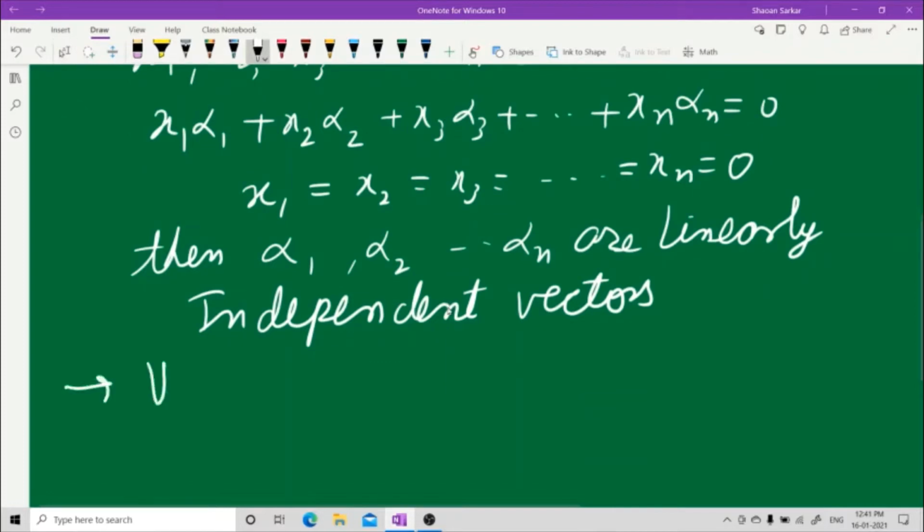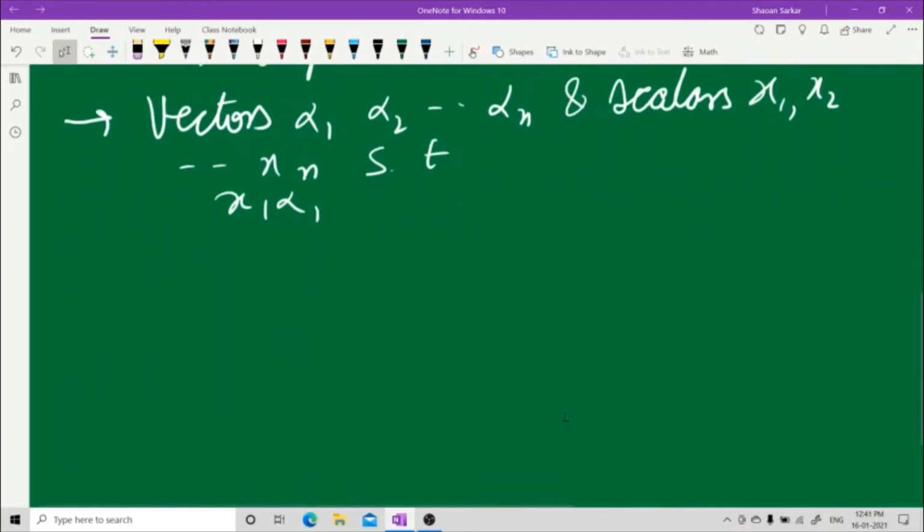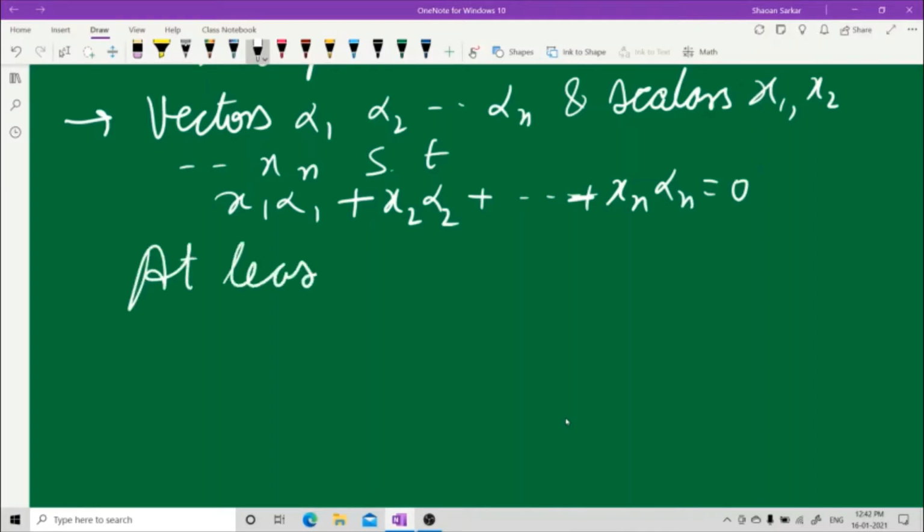We have vectors alpha 1, alpha 2 up to alpha n, and scalars, which are basically numbers, x1, x2 and so on up to xn, such that x1 alpha 1 plus x2 alpha 2 and so on plus xn alpha n equal to 0, and at least one of x1, x2 up to xn is non-zero.